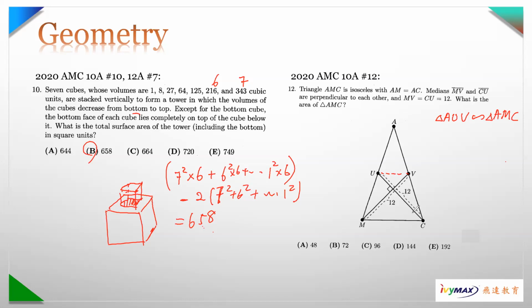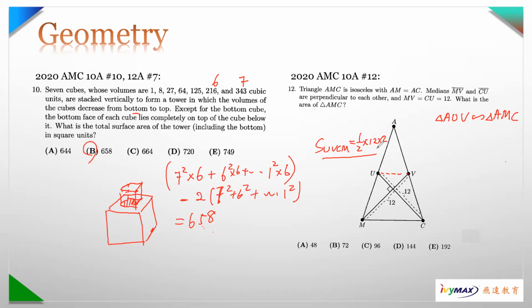On the bottom is the trapezoid. And we also know the diagonals of this trapezoid are perpendicular to each other. If you know that rule, the area of the trapezoid UVCM should be half of the product of the two diagonals. So it'll be 12 times 12. Yeah, and then it should be a piece of cake. But if you don't know that, it's fine.